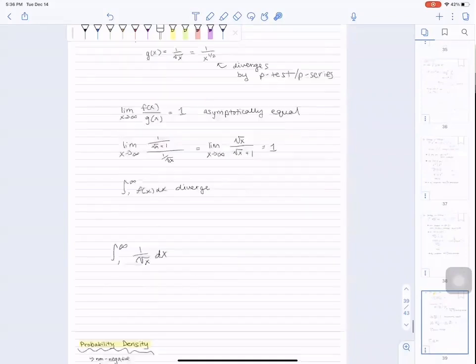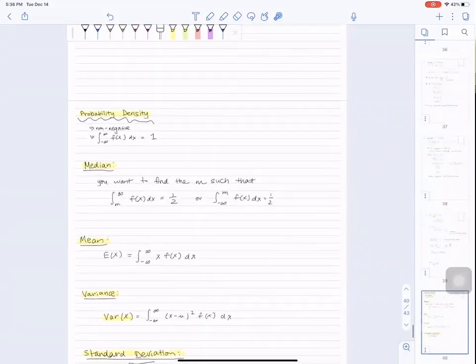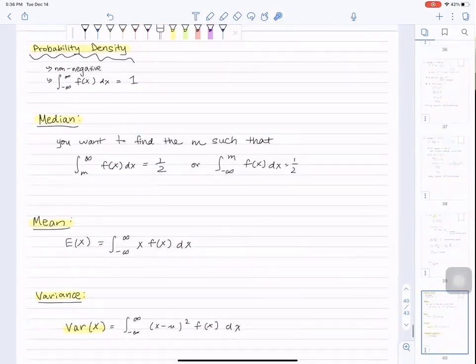Okay, so next topic, the most recent thing was probability density. The thing you should know is that for a function you're given to be a probability density, the integral from -infinity to infinity should always be 1.